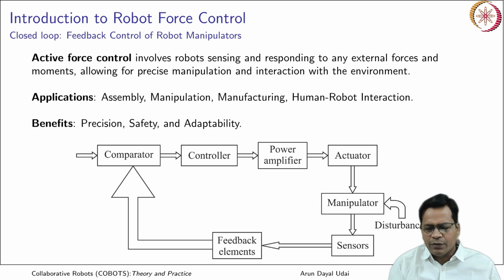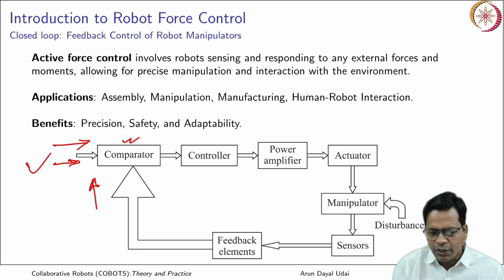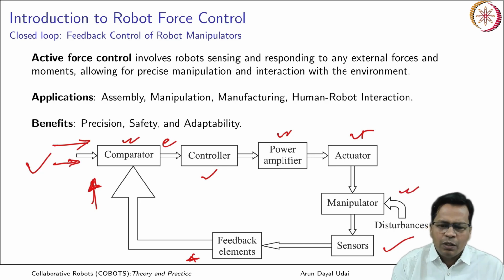In general, any control structure would look like this. You have some desired position or force commands over here. You have a comparator which keeps on checking the desired value against the actual value which comes from the sensors, with feedback elements. It compares that, calculates the error, sends it to the controller, and finally it goes to the power amplifier and to the actuator. Actuators are fitted to the manipulator, and finally the manipulator gives you the motion.